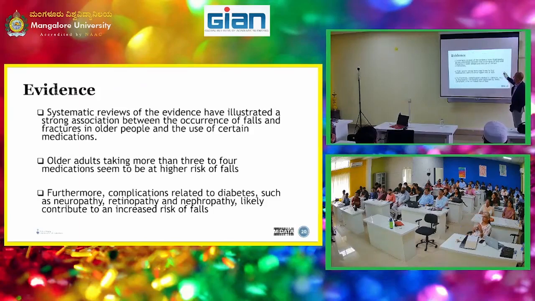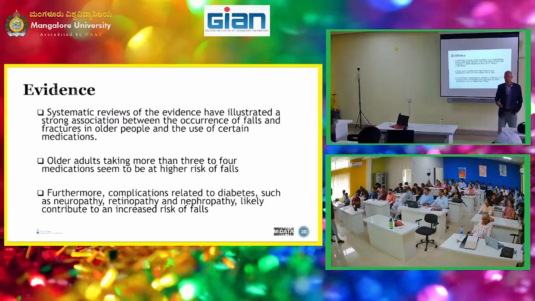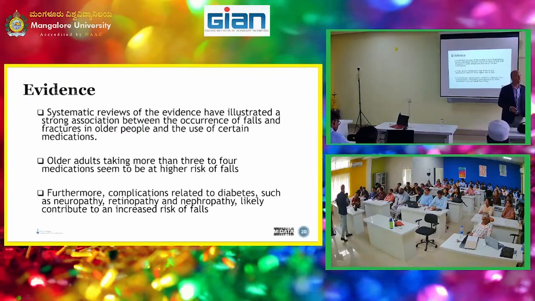So when you look at the evidence, what you have to do when you do your project, right, is you have to see what the problem is and how you're going to provide a solution. Once again here, complications related to diabetes, such as neuropathy, retinopathy, these are all the contributing results. Right? So there, I'm just tying it into anti-diabetes. This is where all of this can tie in.